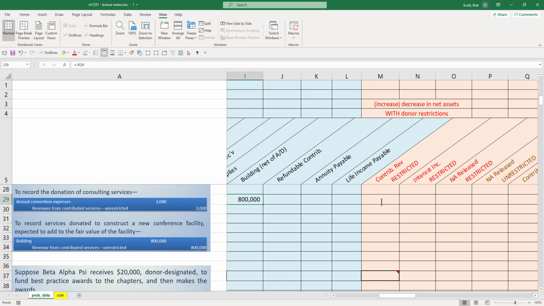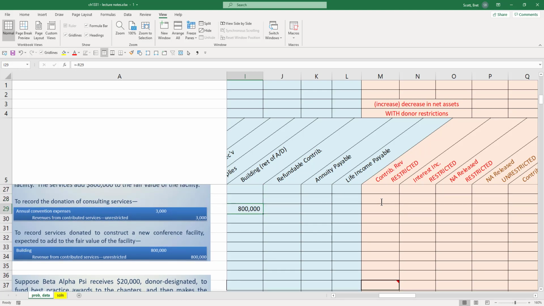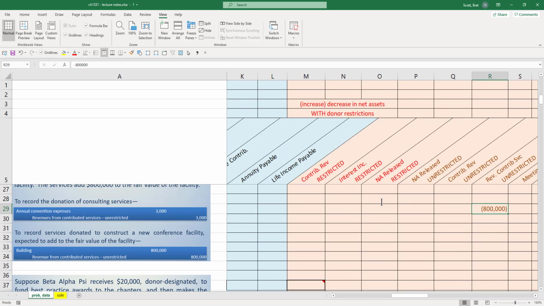I'm letting somebody else donate their time or their money, as the case may be. In this situation, it's the time they spend to build out a facility. So I'm going to go ahead and debit the building because it's being constructed. And I'm not going to credit cash. I'm going to credit pro bono work that someone else has donated or contributed to my not-for-profit corporation.